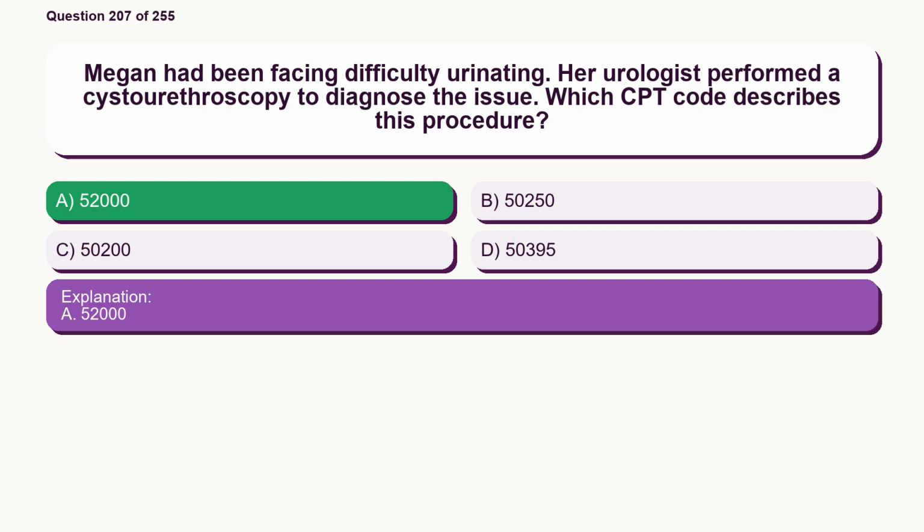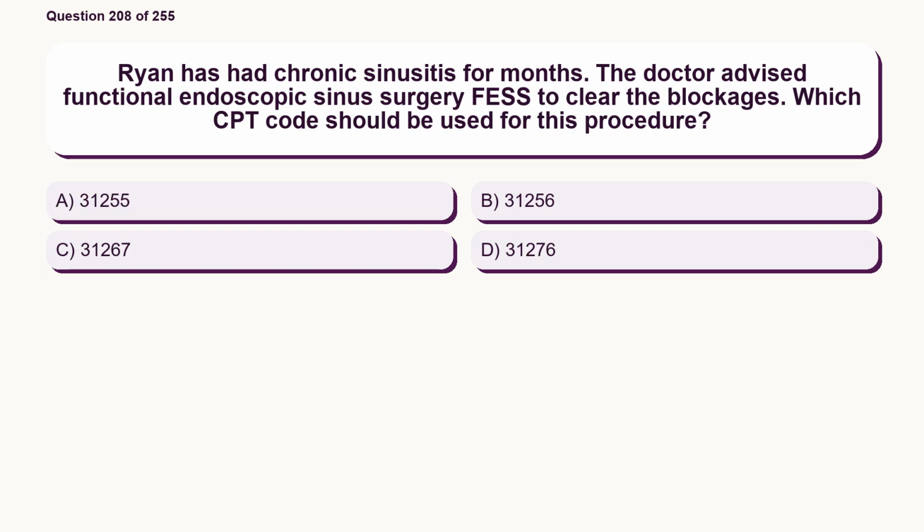Question 208. Ryan has had chronic sinusitis for months. The doctor advised functional endoscopic sinus surgery to clear the blockages. Which CPT code should be used for this procedure? Option A, 31,255. Option B, 31,256.